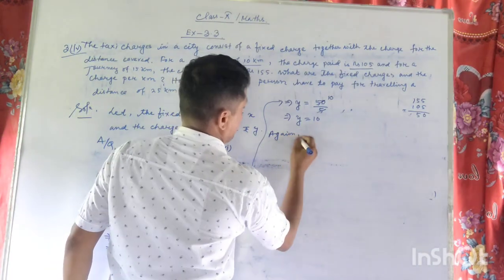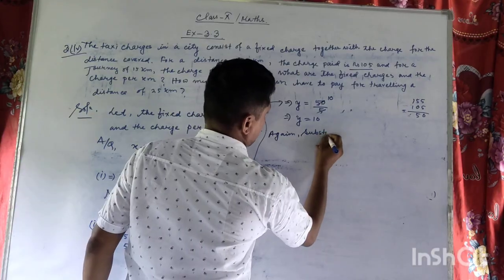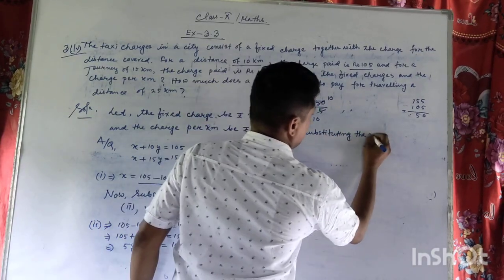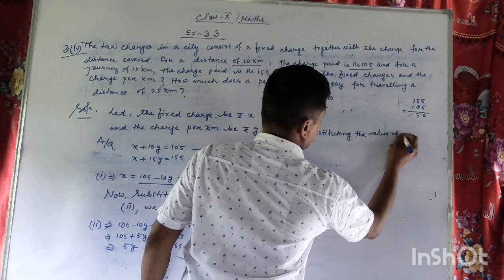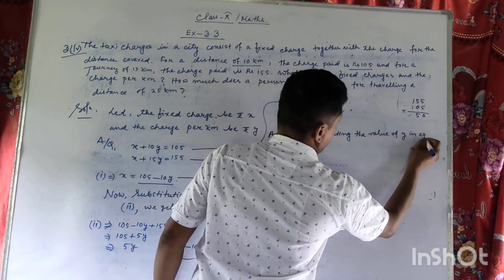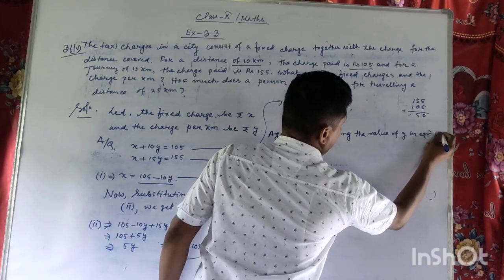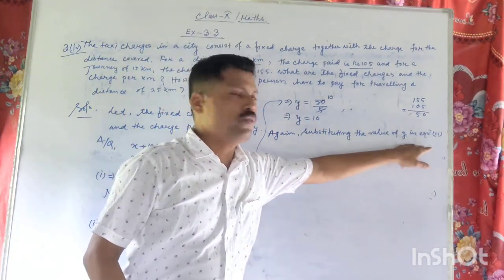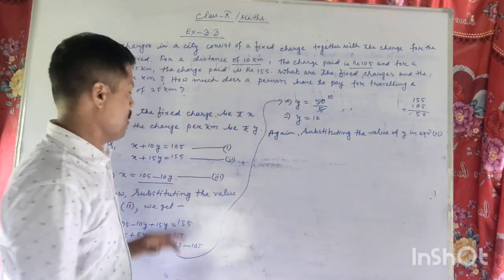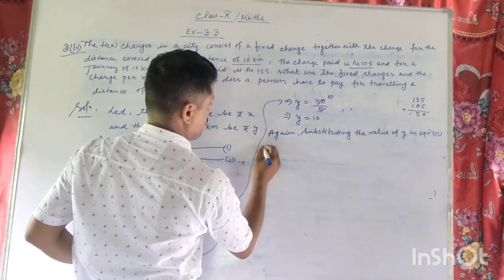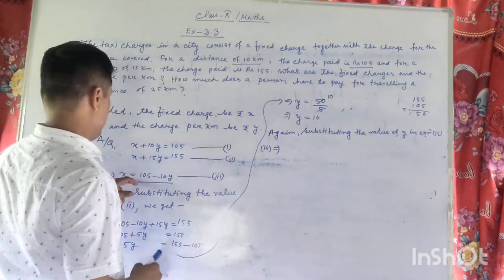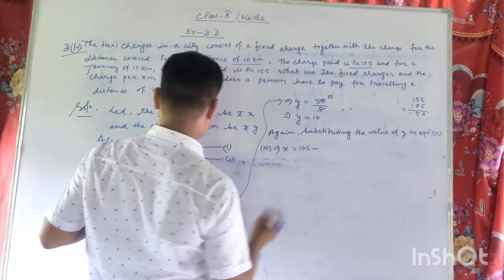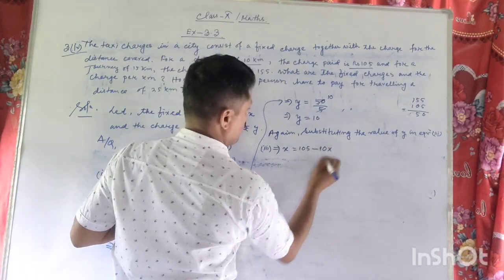So from 3, we can write x is equal to 105 minus 10 into the y value.